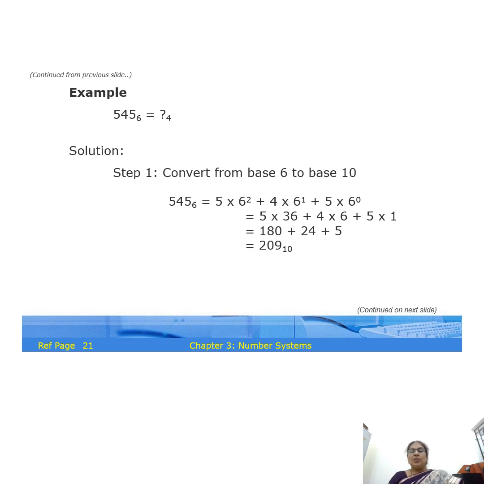We have to convert base 6 to base 10. Mandatorily we are going to use only base 2, base 10, base 8 and base 16, so instead of these, when an alternate base has come, it should be converted to base 10. That value is 209 base 10.